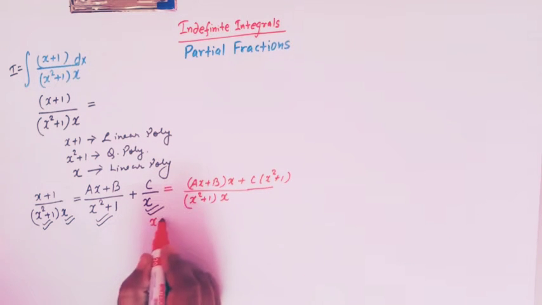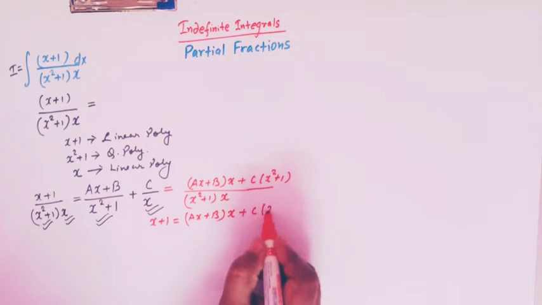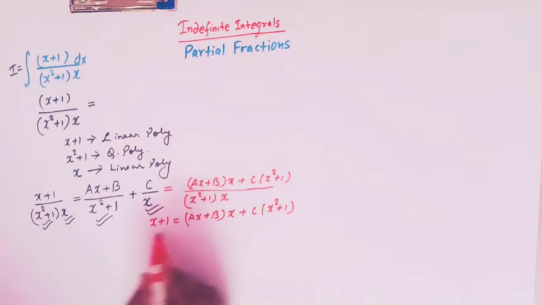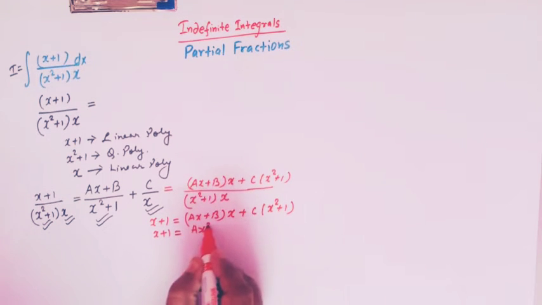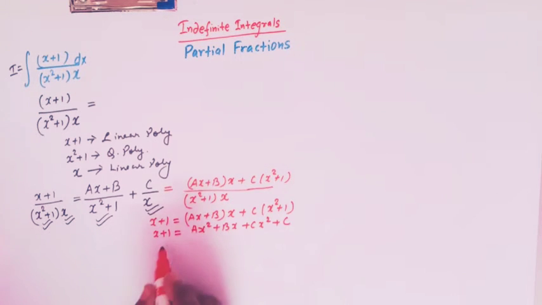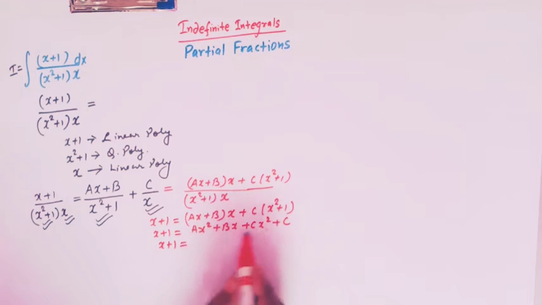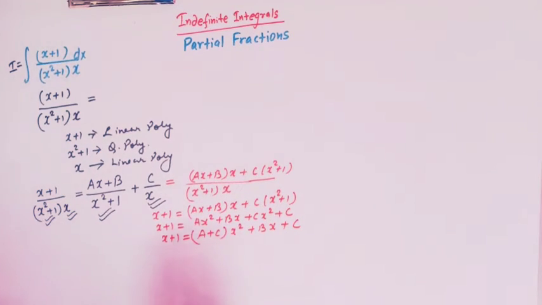Comparing the numerators, we get x plus 1 is equal to (ax plus b) x plus c (x squared plus 1). Now we can rewrite this expression as ax squared plus bx plus cx squared plus c. And now we can rearrange these terms, so we can write (a plus c) x squared plus bx plus c. Now we can compare both sides.